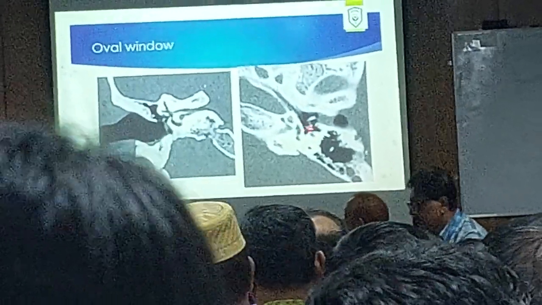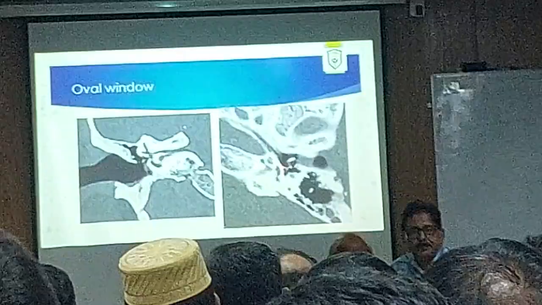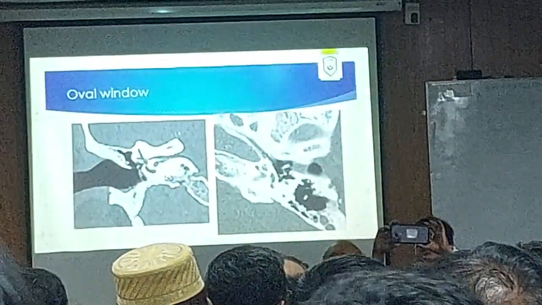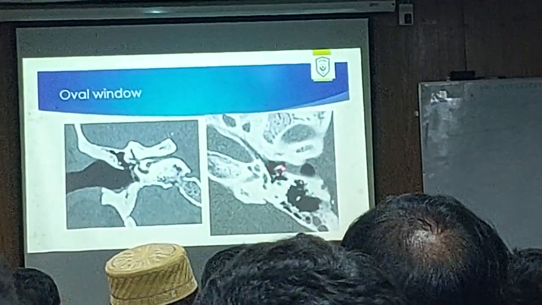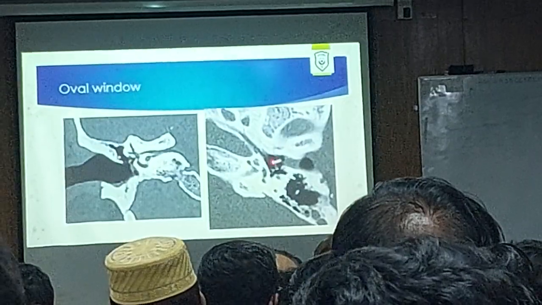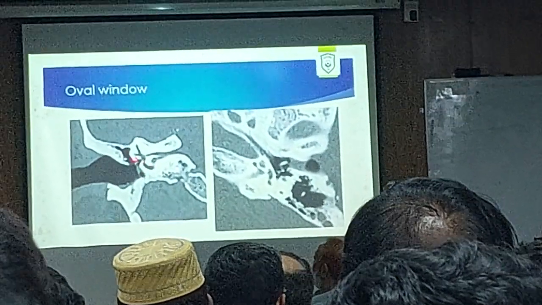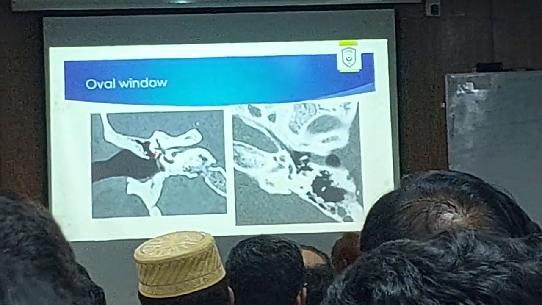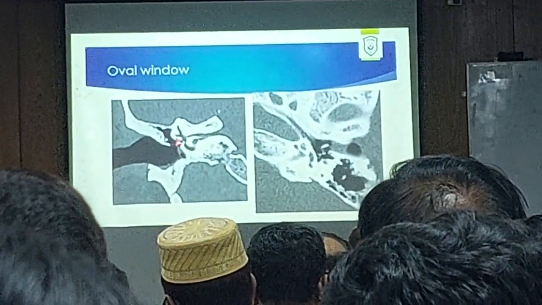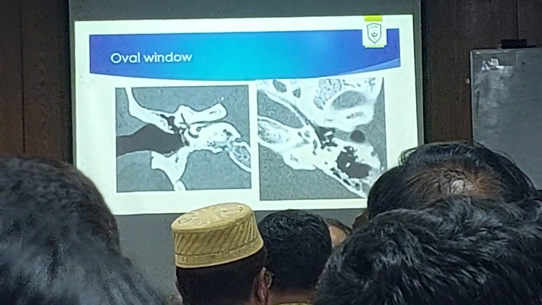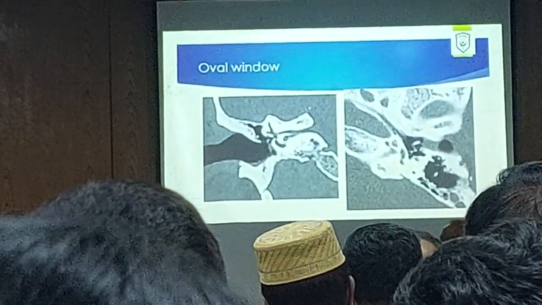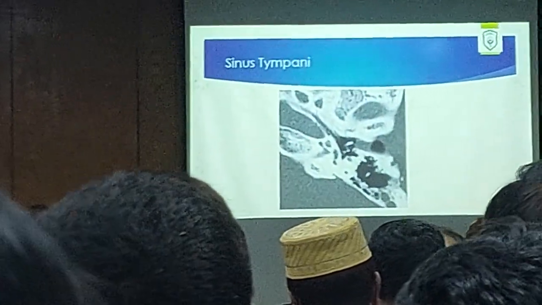This is the stapes, the anterior crus, this is the posterior crus. This is the incudostapedial joint, and this is the malleus. So in this picture, we can easily assess the presence or absence of the stapes superstructure. So we have to look for this.